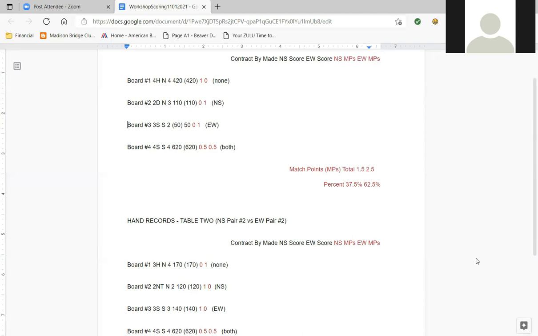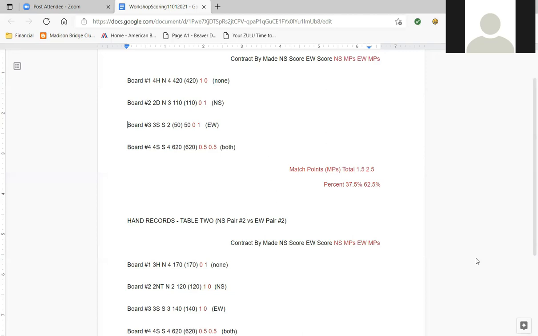So let's say I'm an East-West player sitting at table 1 and we play board 1. And I think, oh, wow, North-South is out in front of us by 420 already. If we're playing social bridge, I'm not very happy about that.